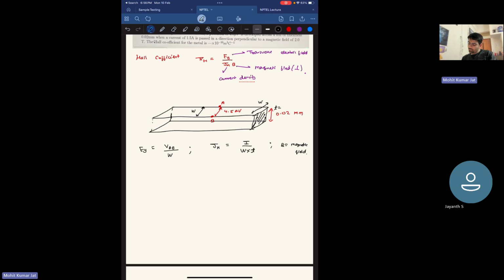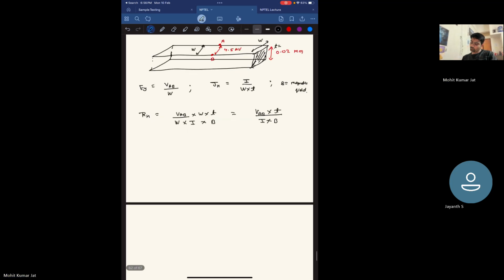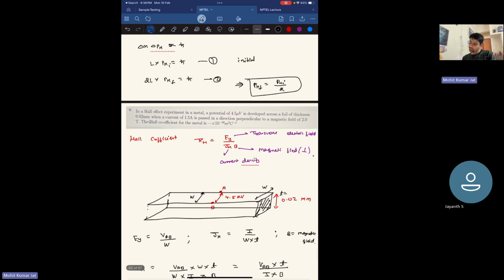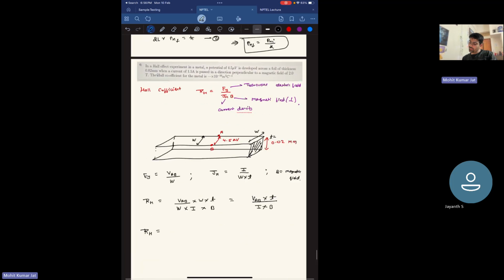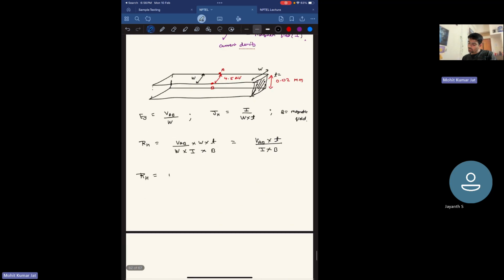Let's just substitute all these values. EY is VAB by W, Jx is I by W times T. So this is VAB times thickness divided by I times B. So the Hall coefficient RH will be nothing but VAB, which is 4.5 microvolt, micro is 10 power minus 6.